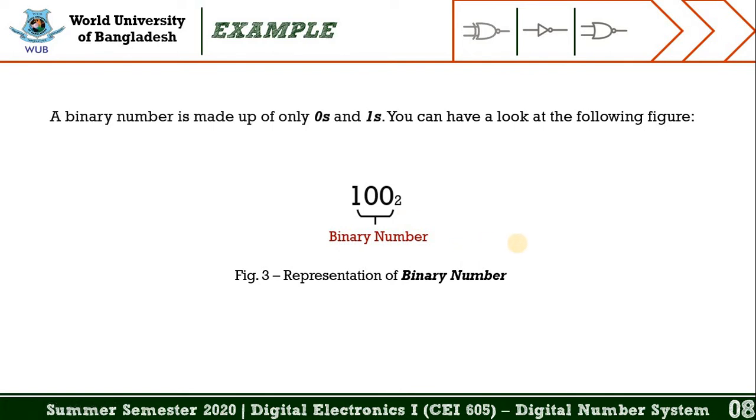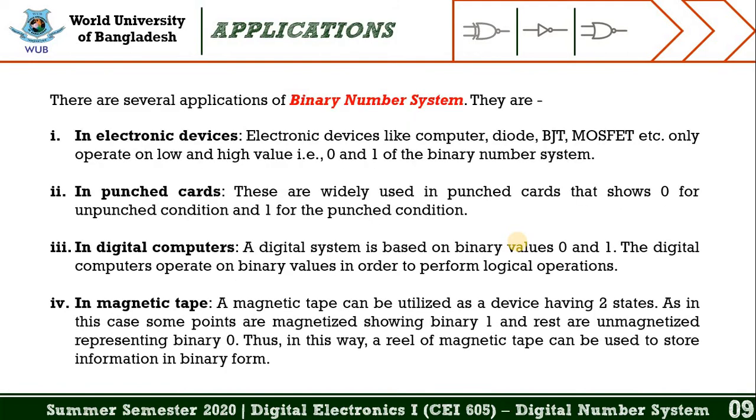This slide represents the applications of the binary number system. There are several applications, such as in electronic devices like computers, diodes, BJT, which stands for bipolar junction transistor, and MOSFET, which stands for metal oxide semiconductor field effect transistor.